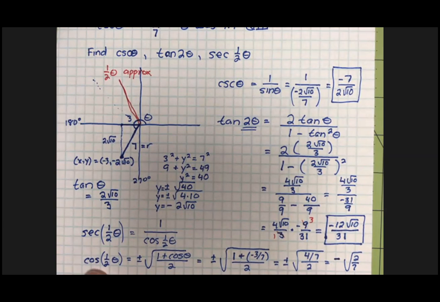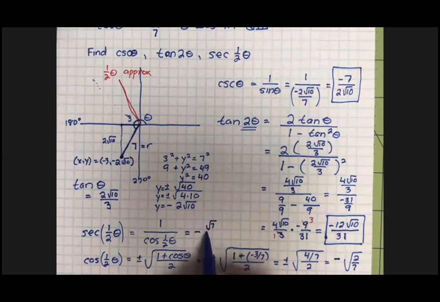So now I have the cosine of 1/2 theta is negative root 2 over 7. So now I can work out the secant. I just take the reciprocal of the cosine, negative root 7 over root 2.